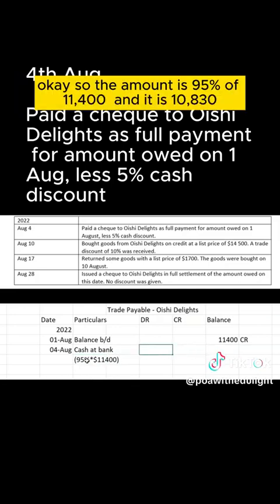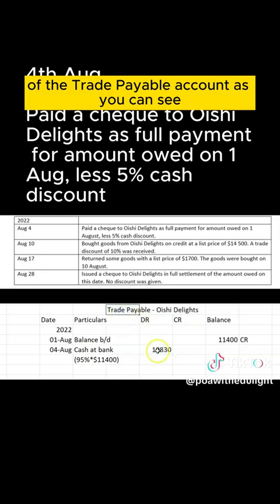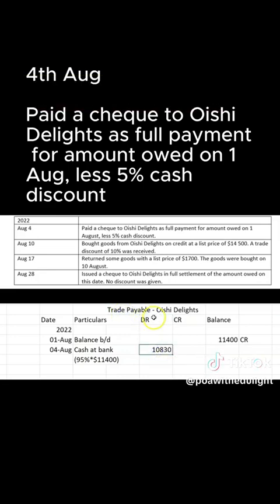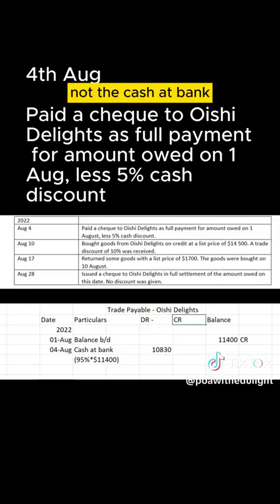So the amount is 95% of 11,400 and it is 10,830. As you can see, I recorded it on the debit side of the trade payable account. The debit and credit refer to the trade payable, not the cash at bank.